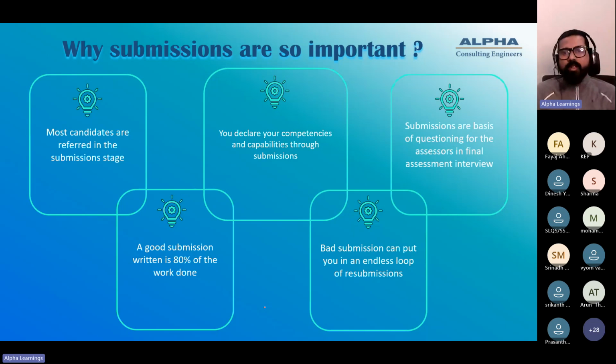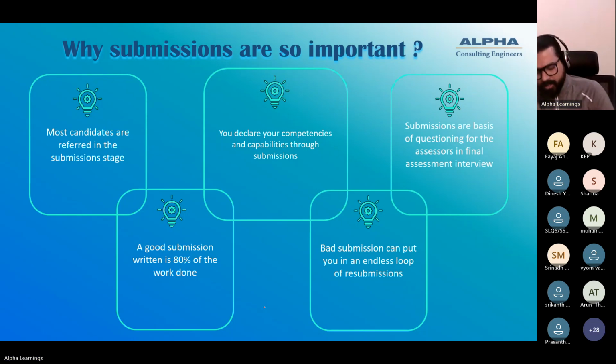It depends on all the aspects of the process, like how the submissions are done, how well they are written, then your presentation, how you present. Then, of course, question and answers are an important aspect of your success in MRICS. But submissions also carry a very good weightage.